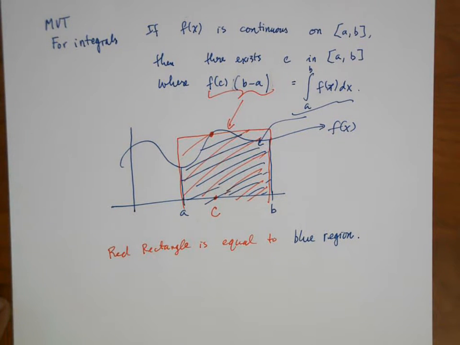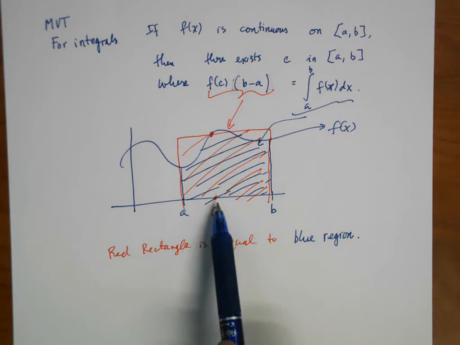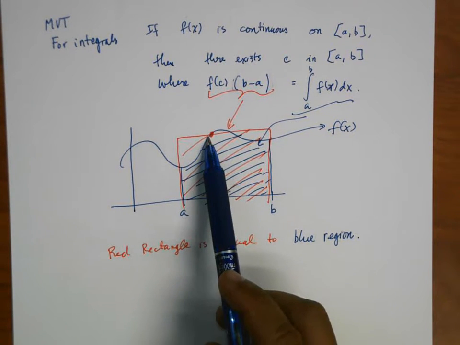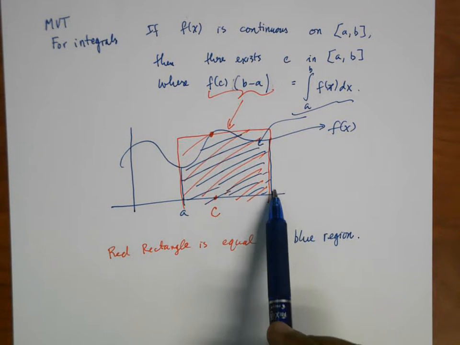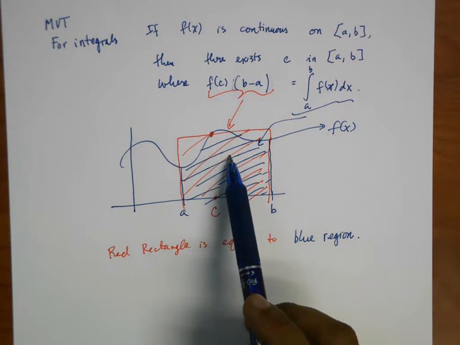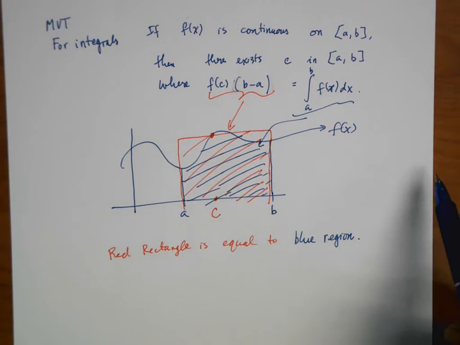I'll post another video later where we look at some animations of this, where I can show you that this is true. But for right now, this is what the theorem says: that somewhere in here is a point c, such that if I take this point c and jump up to the function and use that as my height to make one rectangle, then the area of that one rectangle must be exactly equal to the area of the blue region.